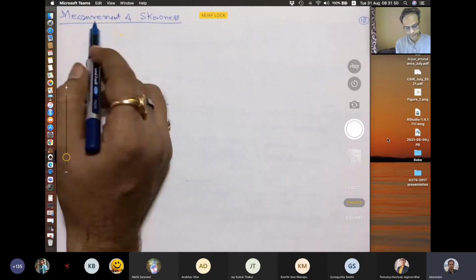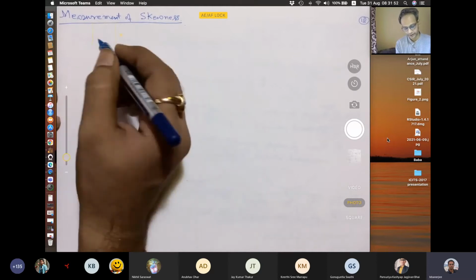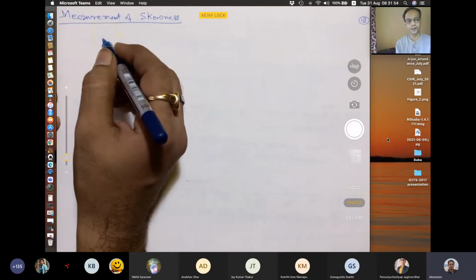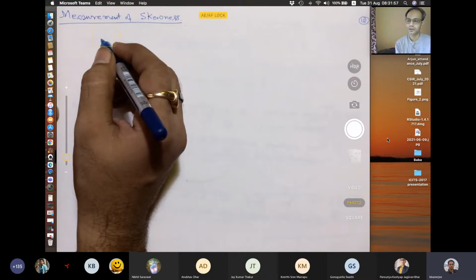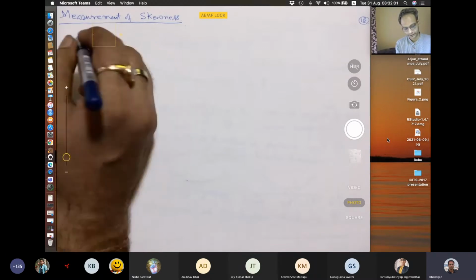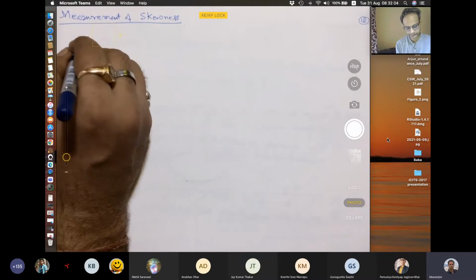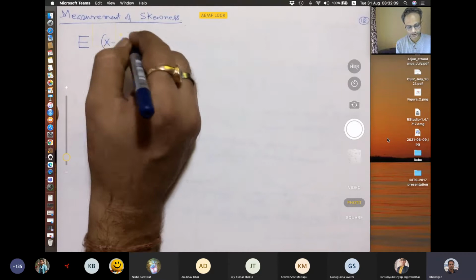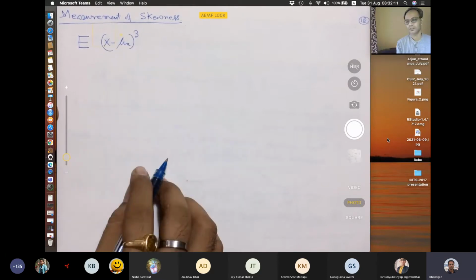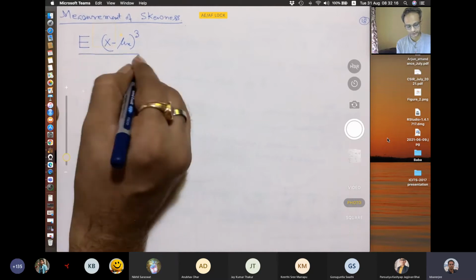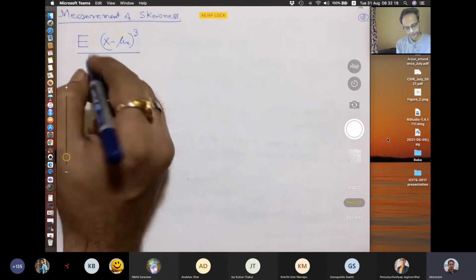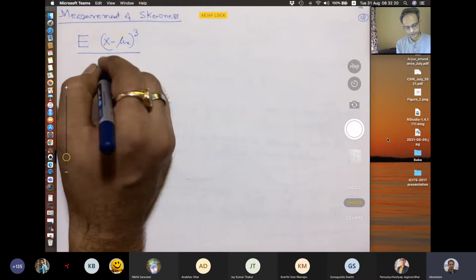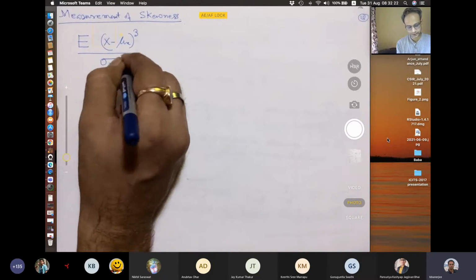Okay, so the measurement of skewness is developed with the help of the third order central moment. The third order central moment is the expectation of (x minus mu x) whole cube, but this quantity is not unit free. To make it unit free, we divide by sigma x cube.